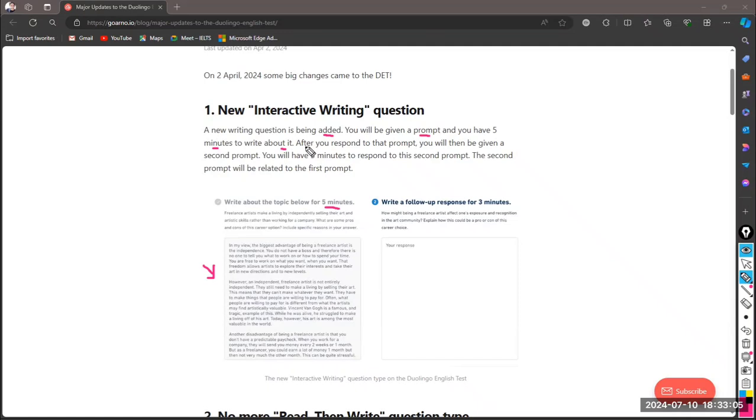Okay. After you respond to that prompt, you will then be given a second prompt. So we have two prompts in the Duolingo exam now. But in the second one, we have 3 minutes to respond or to write about the second prompt. The second prompt will be related to the first prompt.